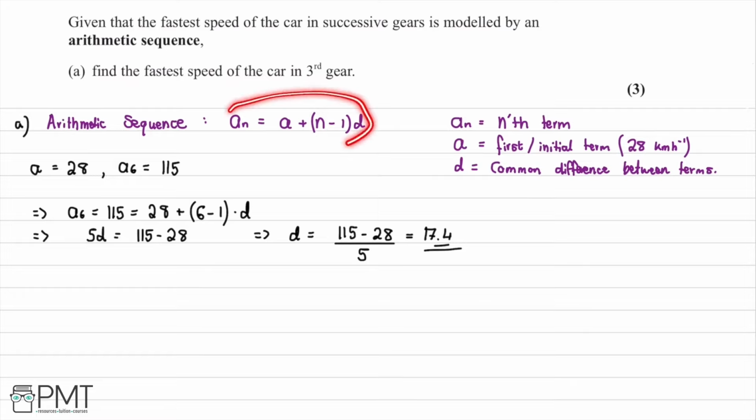So what can we do now? We have a general formula. We know what a is, and we now know what d is. So we can use this value of d and a equals 28 to work out what the third term is going to be.